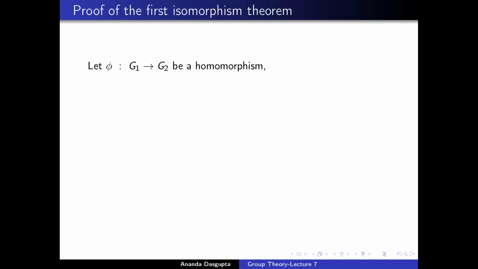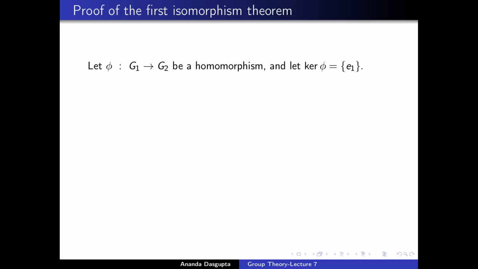In addition to being a homomorphism, we are also demanding that the kernel of the map phi is just the singleton set with the identity alone. And what we need to prove now is that under these conditions, this map phi, which is a homomorphism, is also an isomorphism. That is, it's an invertible homomorphism.